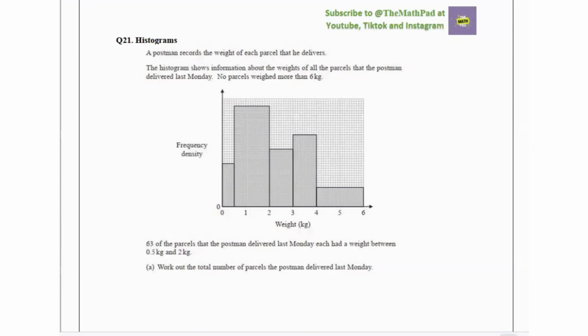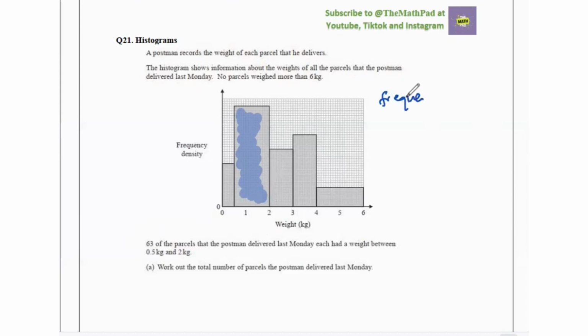So we need to work out the number of parcels the postman delivered last Monday. The weight was between 0.5 and 2 kg, so between this point and this point. If we shade this, it's talking about this bar. To figure out the total number of parcels, we need to use the 63 value and the class interval to figure out the frequency density at that point.